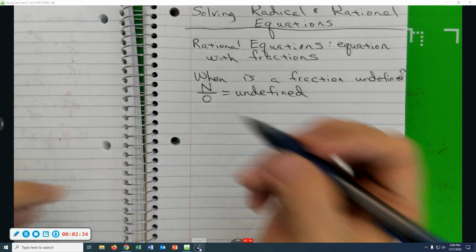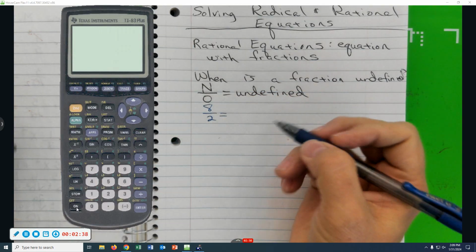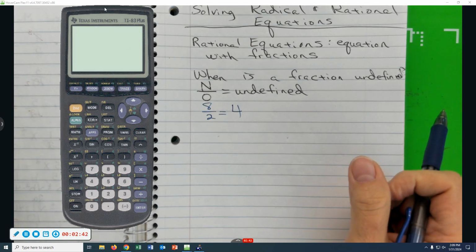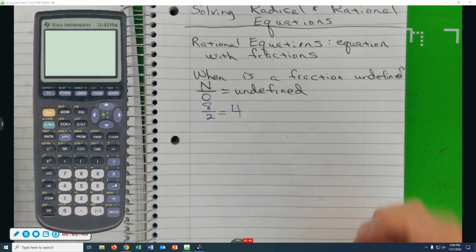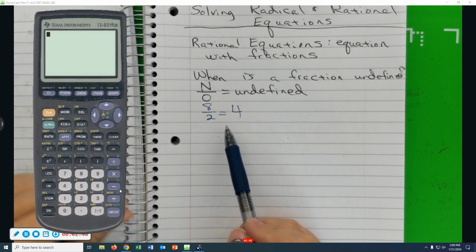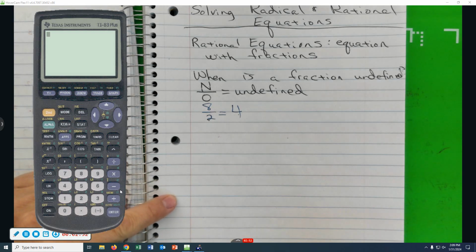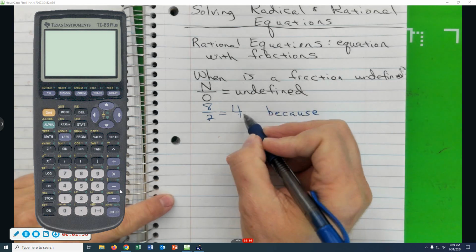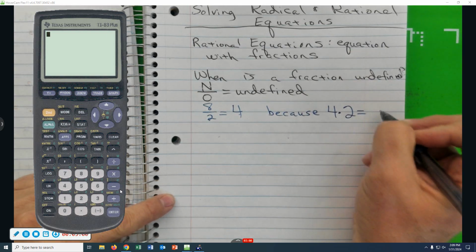Let's look at a real basic example. 8 divided by 2 is 4. Now, what did you learn first, to multiply or to divide? Multiply. Division is defined in terms of multiplication. We say 8 divided by 2 is equal to 4 because 4 times 2 gives you 8.